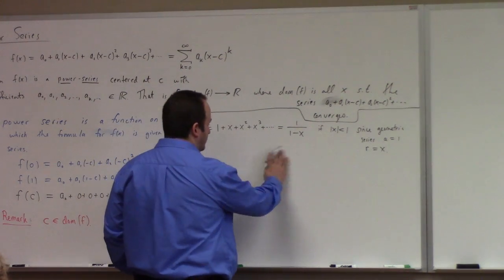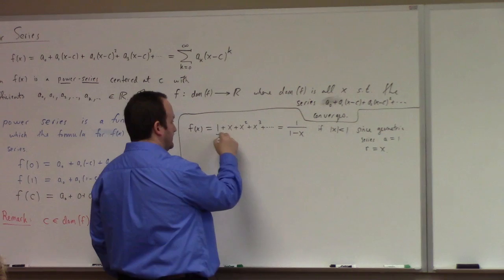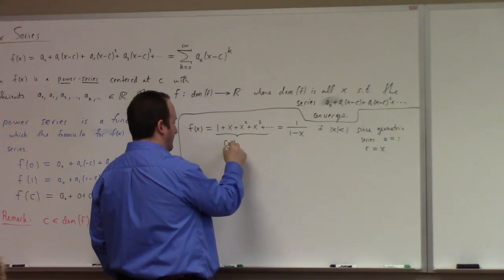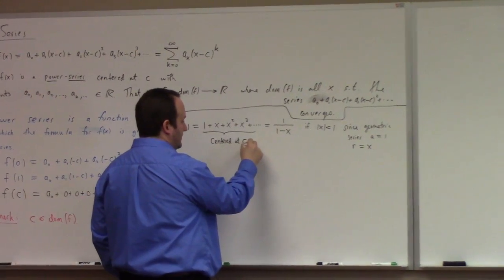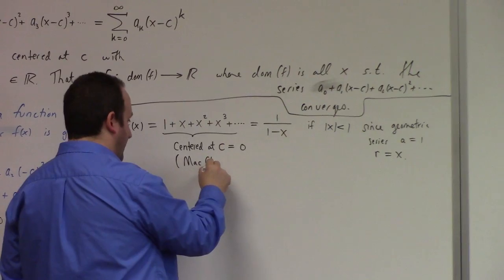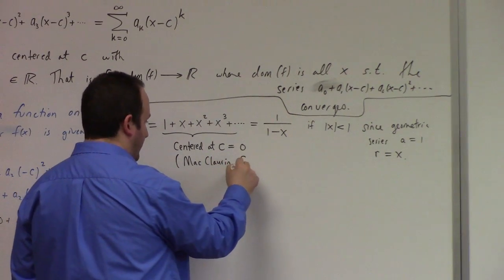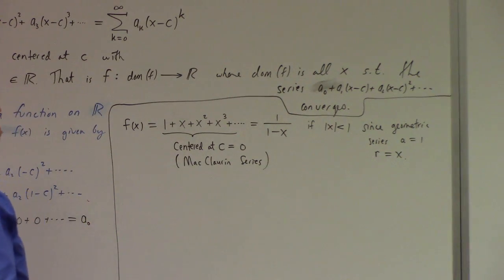Let me draw a picture. What's going on here? What's the center of this, by the way? C equal to what? 0. That makes this what's called a Maclaurin series, in honor of some dead Scotsman. He may be alive with Jesus, but he's not here with us.